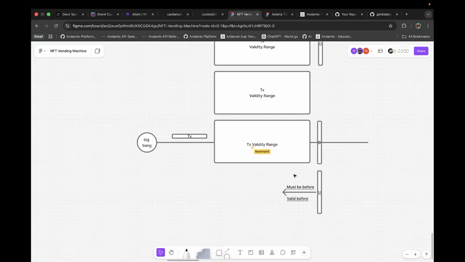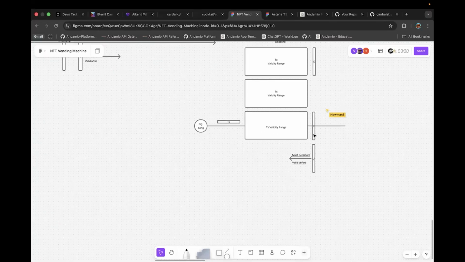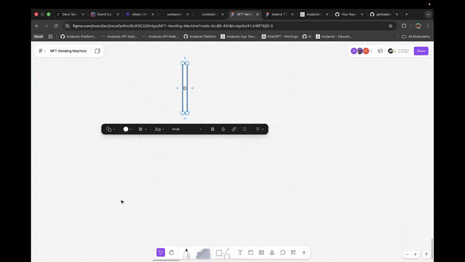I absolutely understand, 100%. Okay, I'm going to clear this up. I'll just repeat what Gideon just said. We have the deadline. This is a constant timestamp. And from the transaction, you get the validity range.